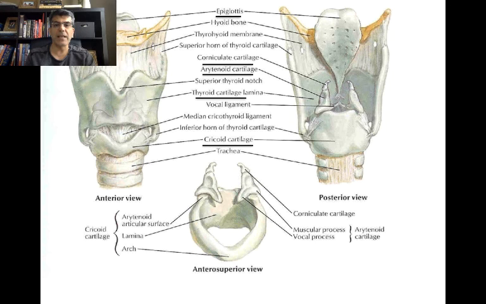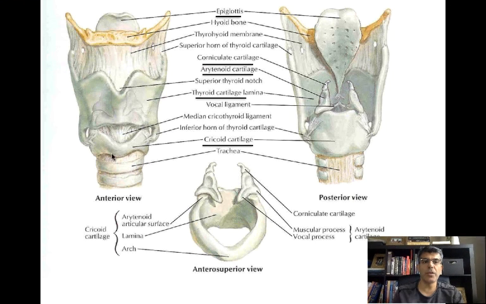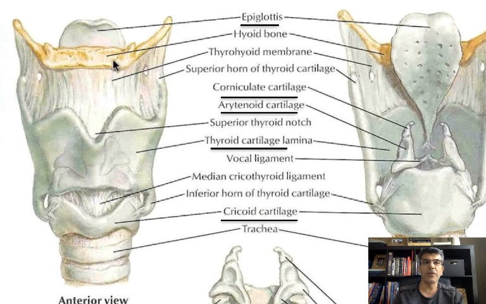Let's take a look at the anatomy of the larynx. You're looking at the larynx from the front. Here you're looking at the larynx from the back. As you can see, in the front of the larynx, we have the hyoid bone. That's the upper part of the larynx. The lower part of the larynx would be this cartilage called the cricoid cartilage. So it starts from the hyoid bone and it's going to end at the cricoid cartilage. In the front, you can see there are 2 cartilages.